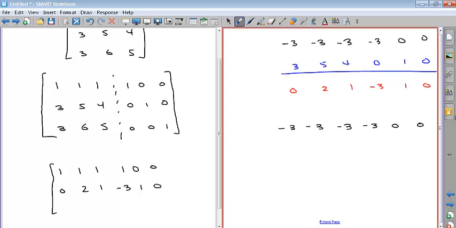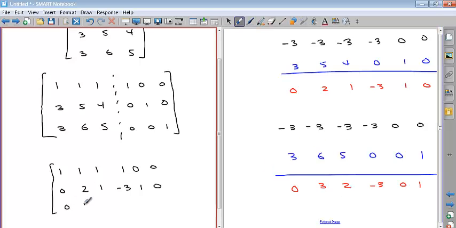And I'm going to add that to my third row, which is 3, 6, 5, 0, 0, 1. Add those together. You'll get 0, 3, 2, -3, 0, 1. So just adding these in columns. So my new third row becomes 0, 3, 2, -3, 0, 1.